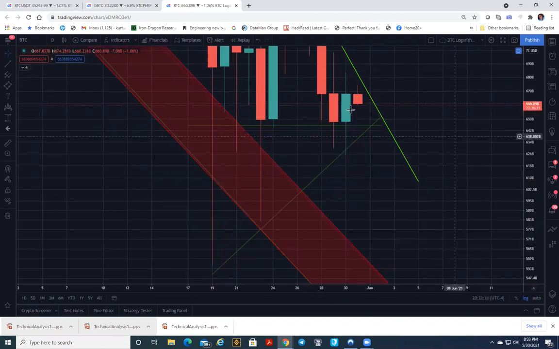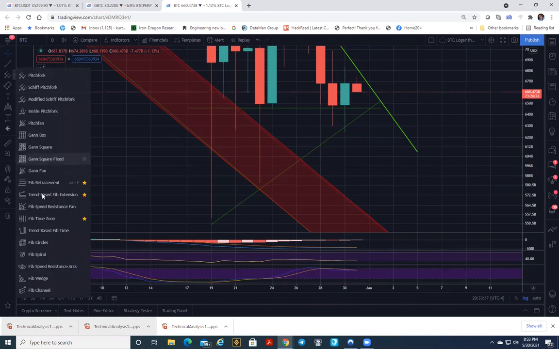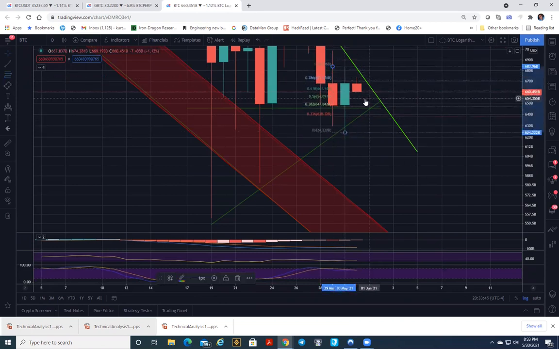I personally think that we're going to pull down to maybe wick past this stuff here. I think we'll pull down to right here. I mean, this is on the market cap. We might wick past it a little bit, and then we hit maybe an indecisive day, or we break out.